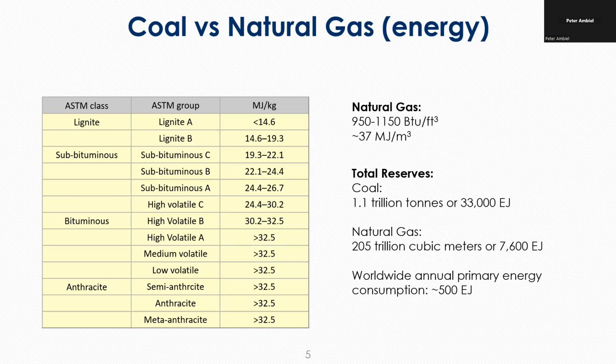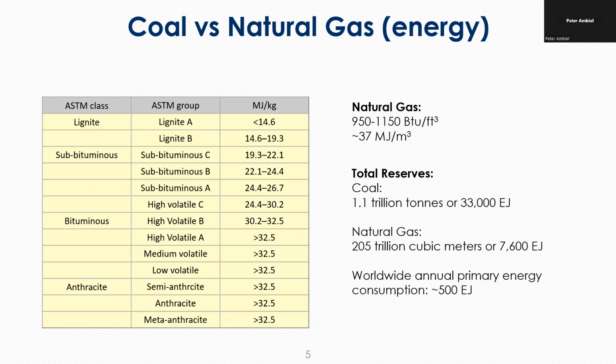Okay, in terms of energy, coal versus natural gas, the energy content. When I was mentioning the quality of the coal from lignite, bituminous to anthracite, one of the characteristics of those different classifications is the energy content. The lower grade ones typically will have more impurities, less carbon, which leads to lower energy density.